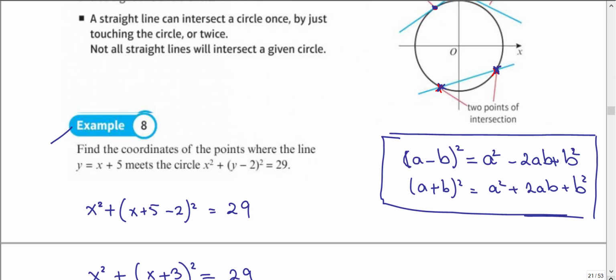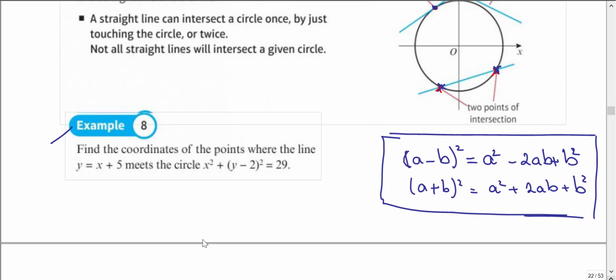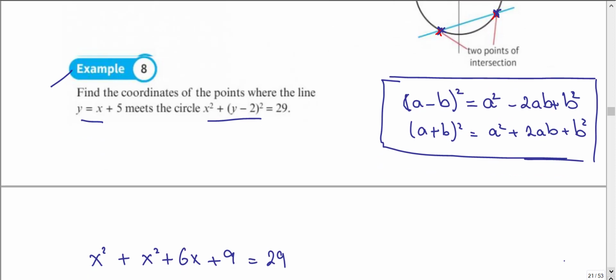Now check the question here. Example 8. Here they say find the coordinates of the points where this line meets this circle. They want the coordinates of the points. So let's see how you do this.